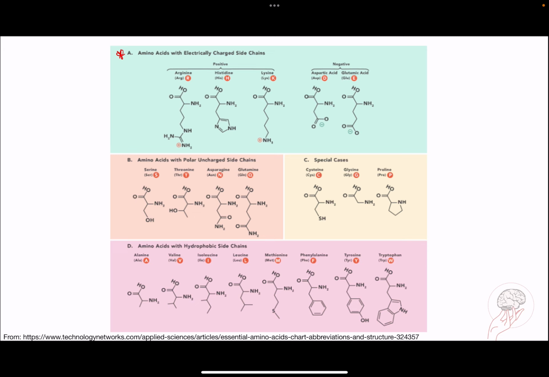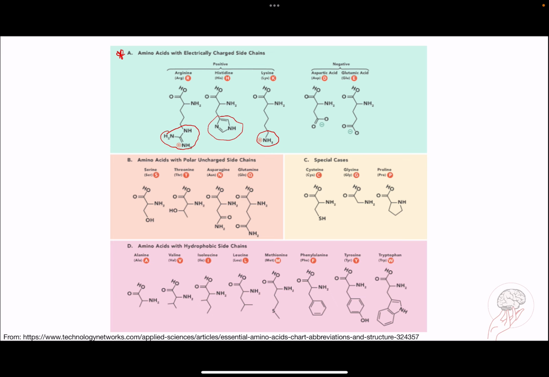So here we have electrically charged side chains. You'll see that we have a positive charge on arginine. There's a slight positive charge on histidine on this group here. And there's a slight positive charge here on lysine. We also have negatively charged.